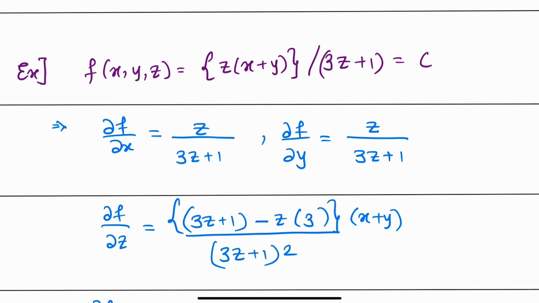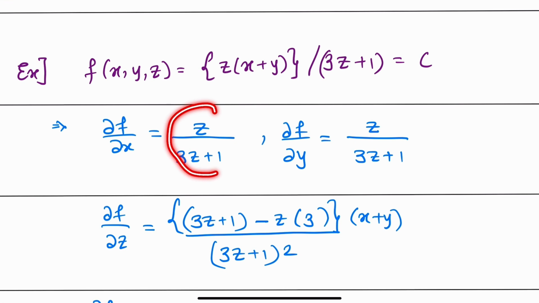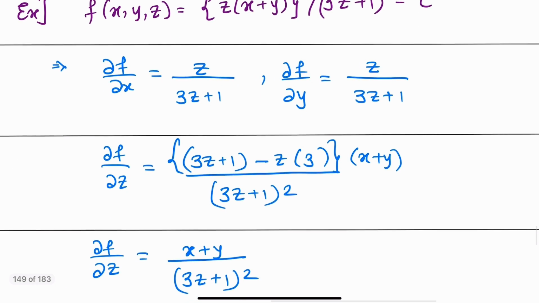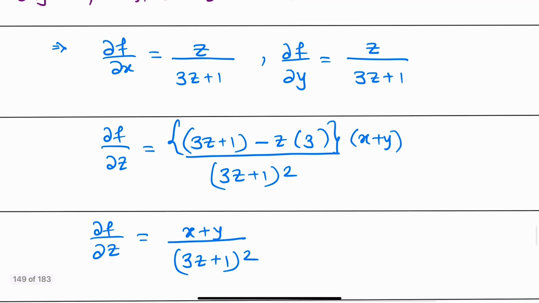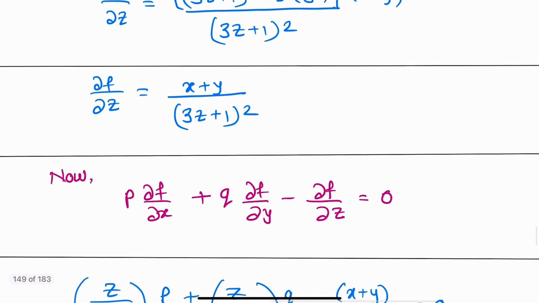First, let us find dou f by dou x, that is, differentiating the given function partially with respect to x. We get z by 3z plus 1. Similarly, dou f by dou y and dou f by dou z. Once we have these three values, we will put them in our equation, which was p into dou f by dou x plus q into dou f by dou y, sorry, it was minus dou f by dou z equal to 0.